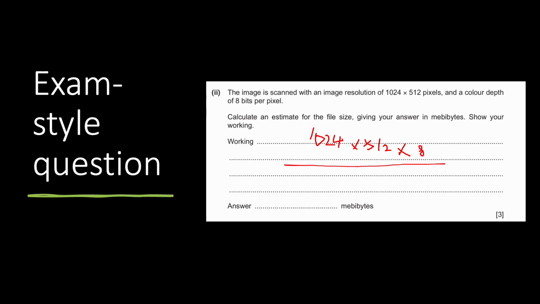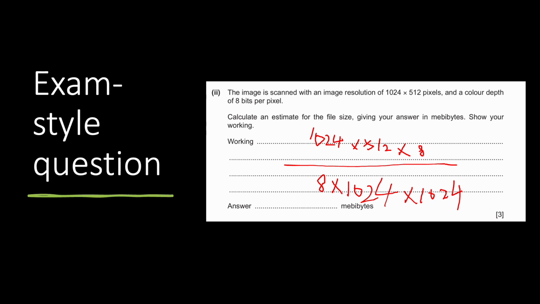As we know, 1 byte is 8 bits, so in order to change this to bytes, we need to divide it by 8, and then to kilobytes, we divide it by 1024 again, and then to megabytes, we divide it by another 1024, and this is the overall equation. The way I've written it like this is because we can cancel the terms on this fraction straight away, instead of calculating it and then canceling at the end.